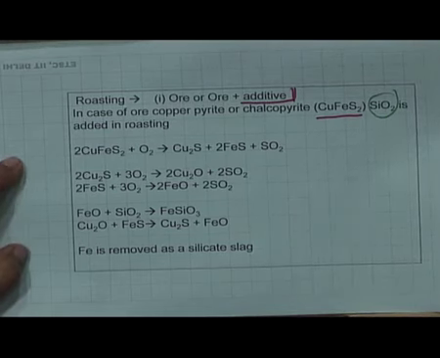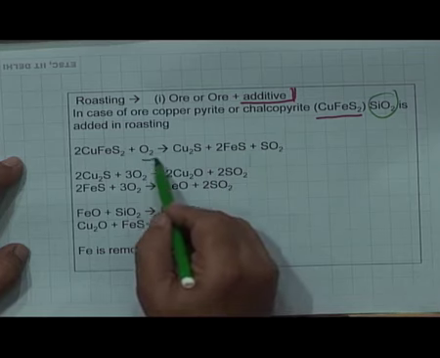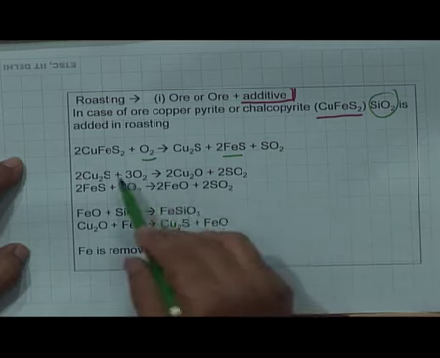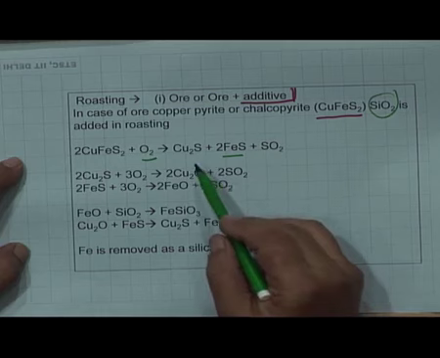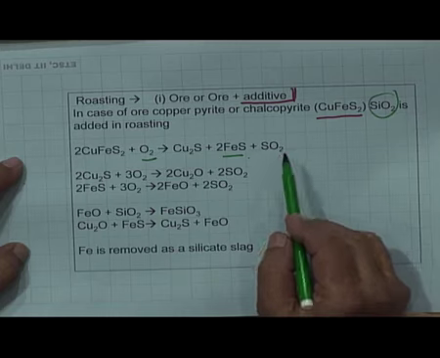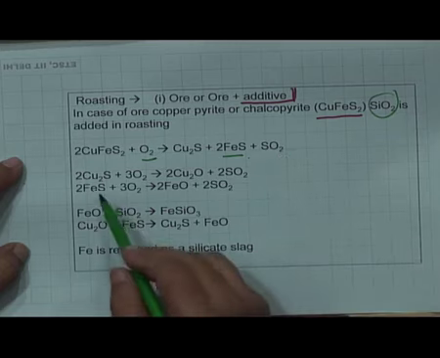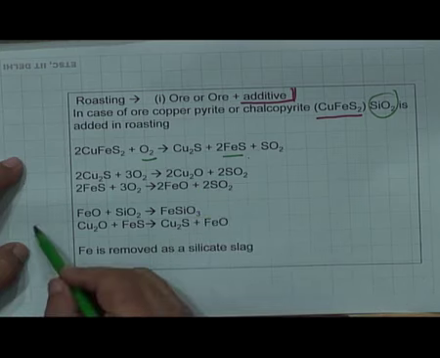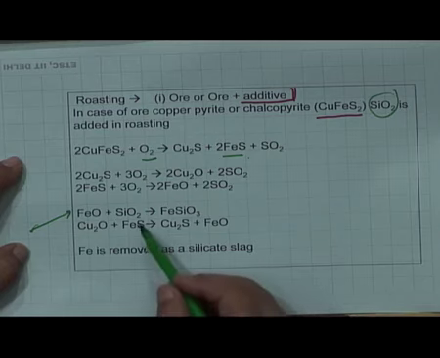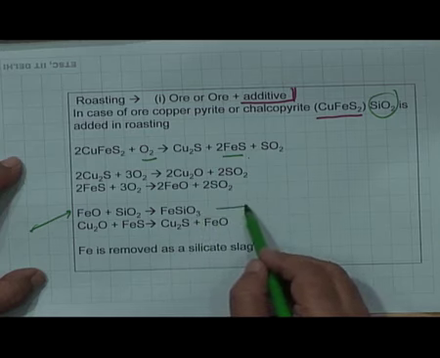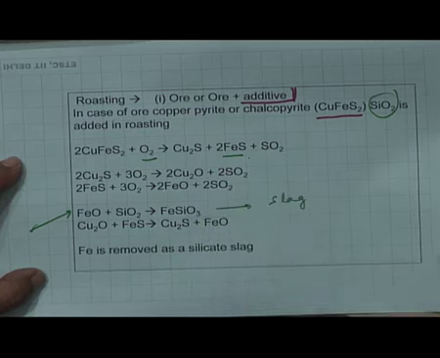Oxygen first converts the copper pyrites into copper sulphide, iron sulphide, and sulfur dioxide, because sulfur is in excess, and then the sulphides are converted into oxide, but the oxide of iron combines with silica forming a slag, which is iron silicate. It is a slag.